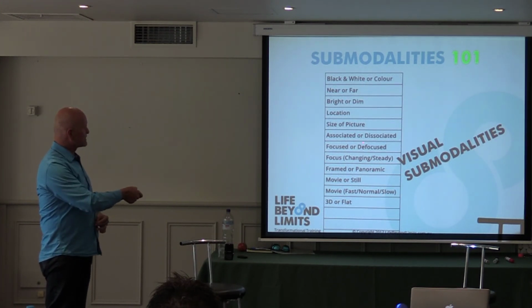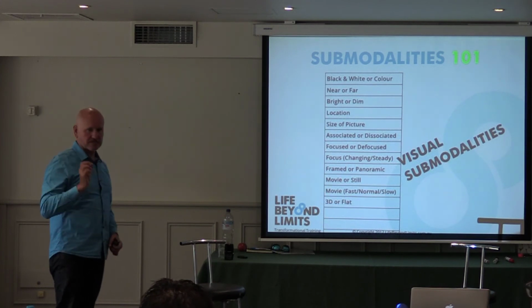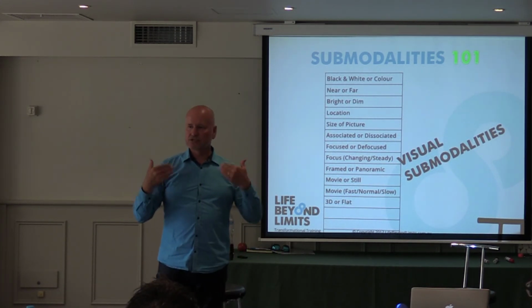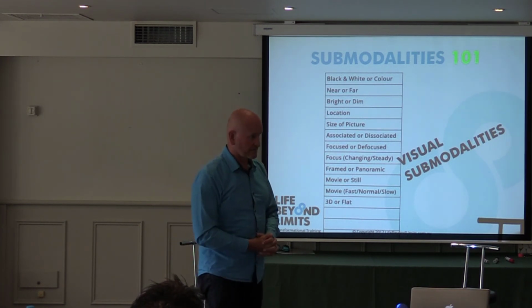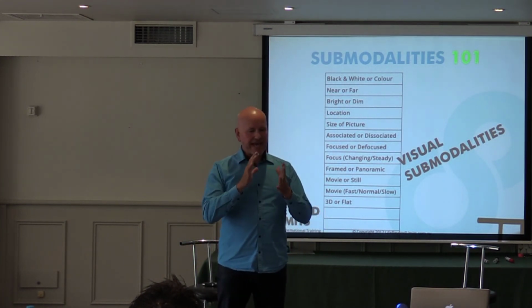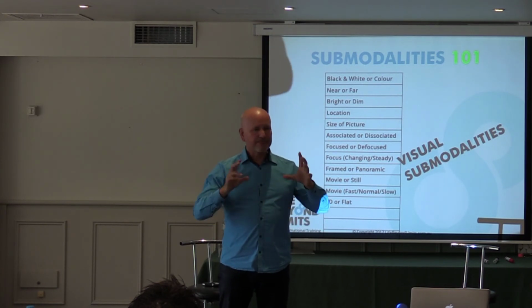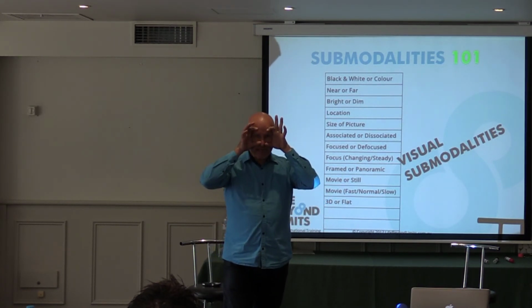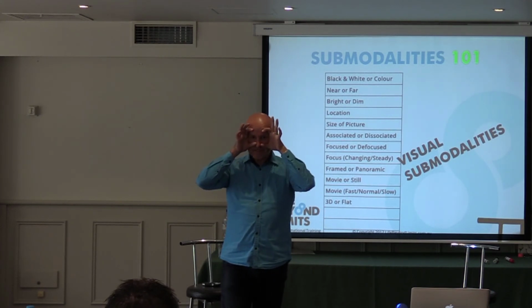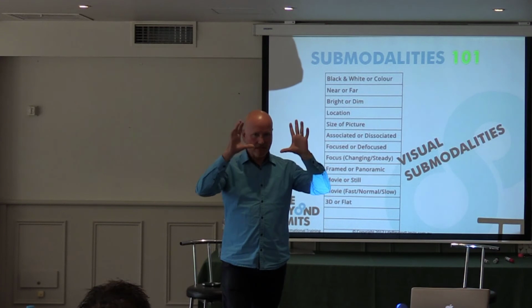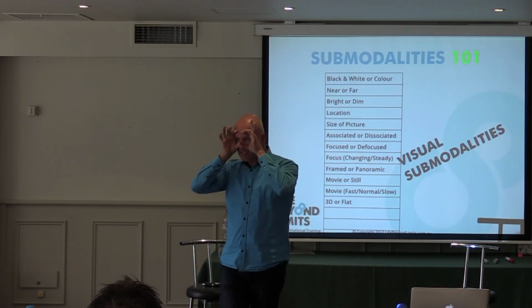Now, let me explain what this means, associated or disassociated. What I'm introducing you to now is some neuro-linguistic programming terminology. Associated simply means that when we are looking through our own eyes, we are associated with that picture.